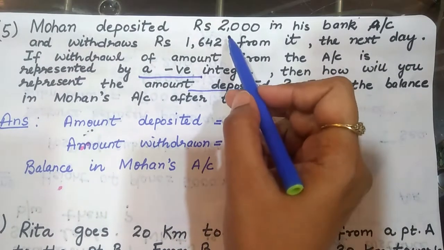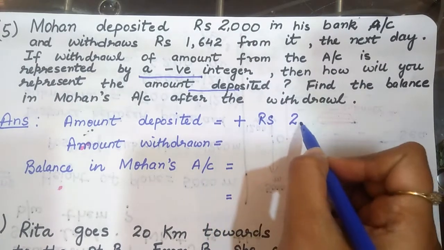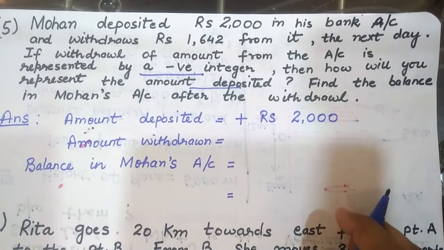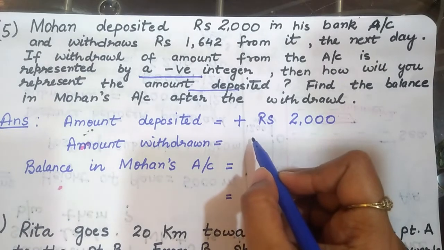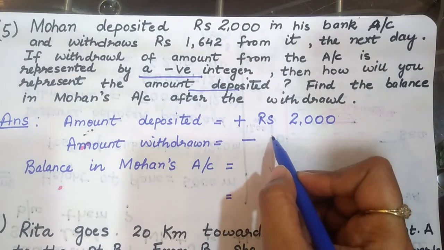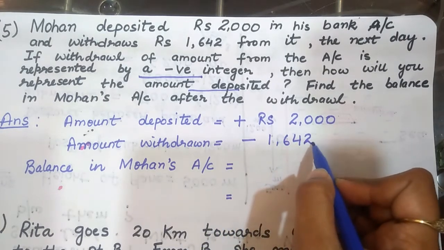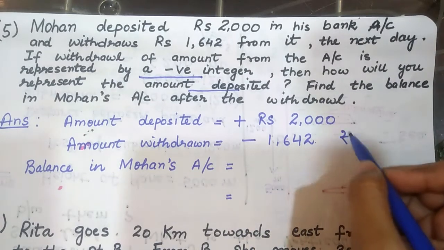So the amount he deposited is rupees 2000. And the amount withdrawn is represented by a negative integer, so minus 1642 rupees.